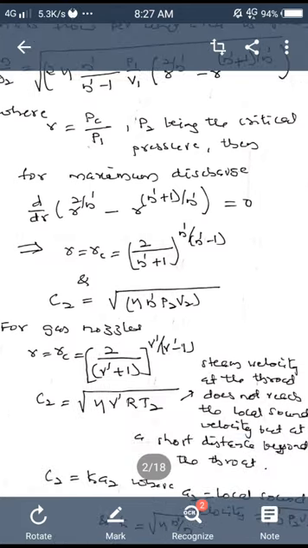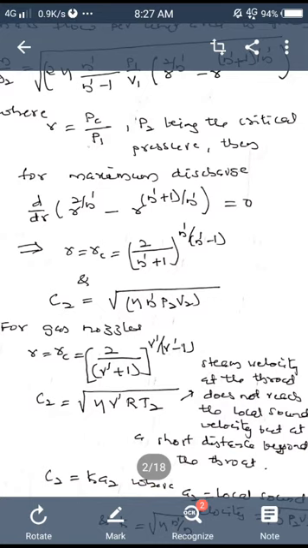C2, the actual velocity of steam leaving the nozzle considering friction, is equal to √(η n' P2V2), where η is the nozzle efficiency and n' is the actual index of expansion.